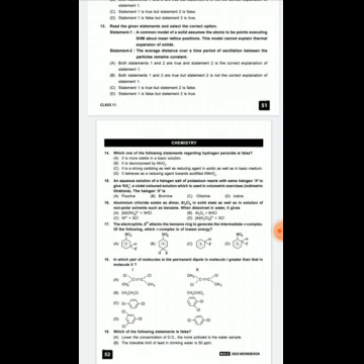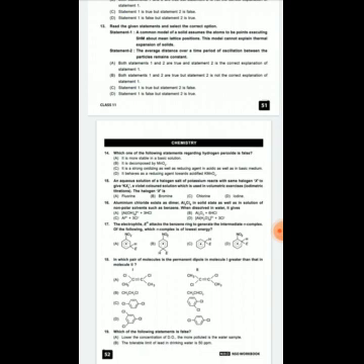So here it is given a ring to generate the intermediate complex. Option A, NO2 benzene with H and E. Option B, H and E with NO2. Option C is the electrophilic attack of the benzene ring to generate the intermediate. The answer will be C.